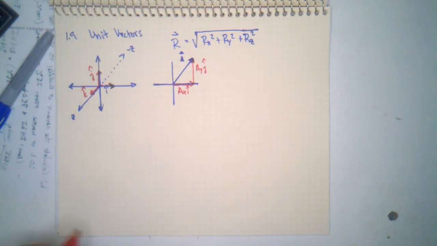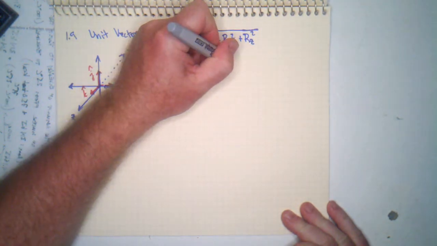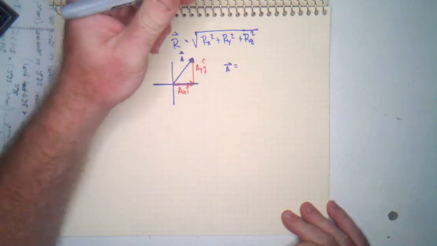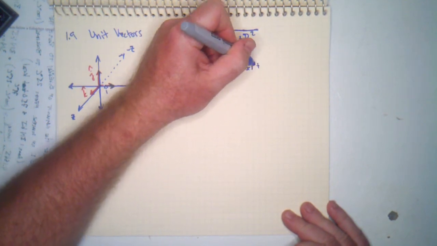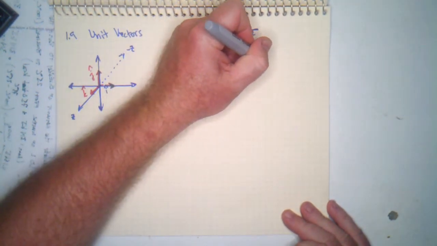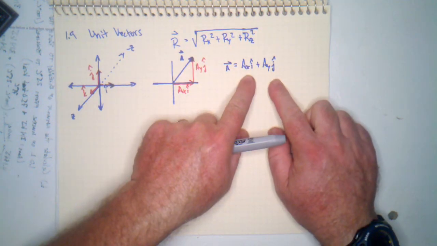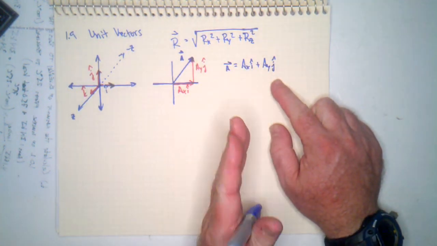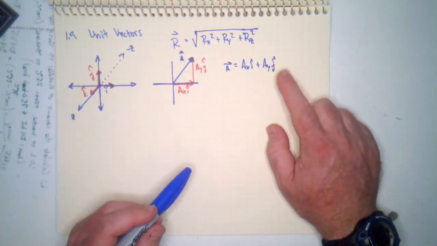And so we can describe vector A as Ax i hat plus Ay j hat. So i and j just represent a unit of 1 in the x direction or the y direction.